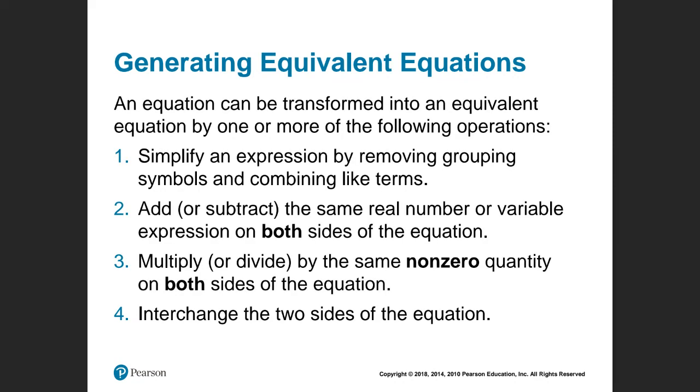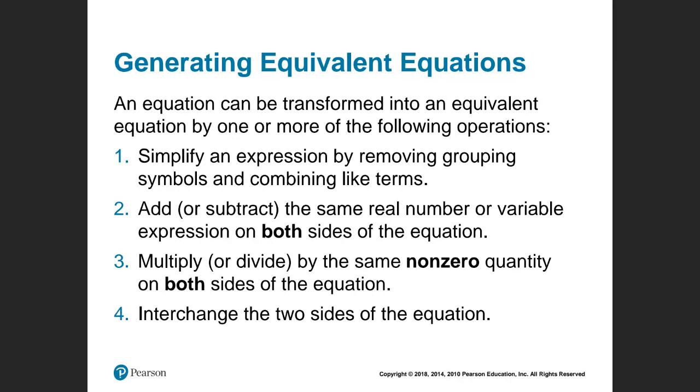Generating equivalent equations. An equation can be transformed into an equivalent equation by one or more of the following operations. 1. Simplify an expression by removing grouping symbols and combining like terms. 2.